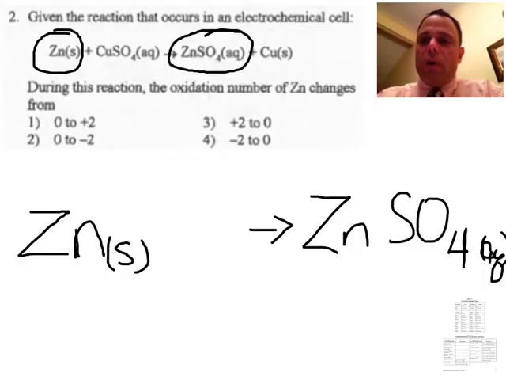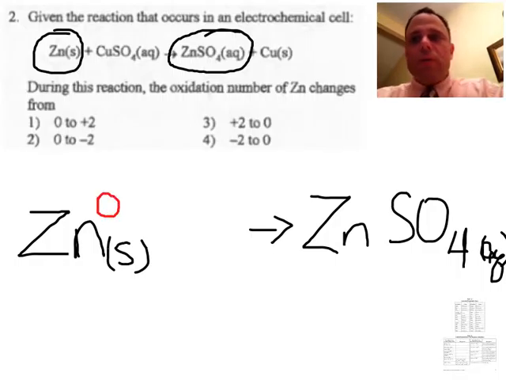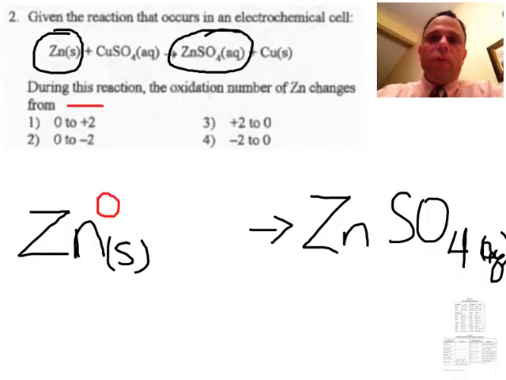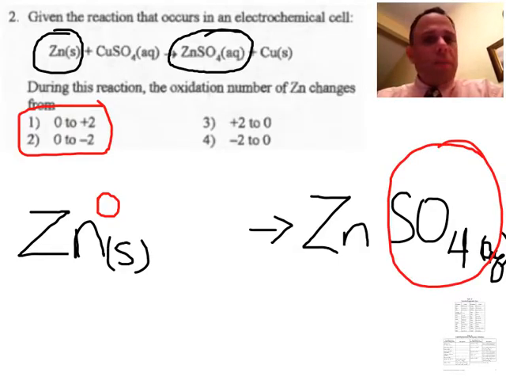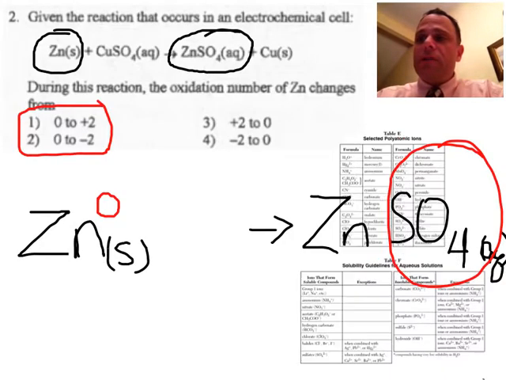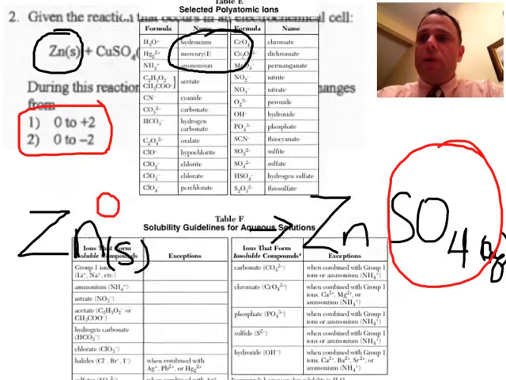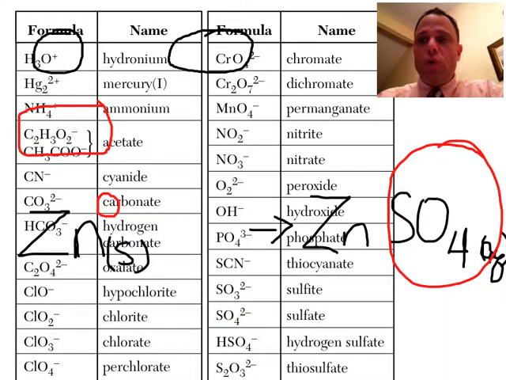Now what is happening? Now we do know that any uncombined element is going to have an oxidation number of 0 to begin with. Already we're looking at these 2 choices. Now what's happening on this side? Well, that's a polyatomic ion, and a polyatomic ion has assigned to it a charge. Let's see what polyatomic ion this one is. There it is. SO4 -2.